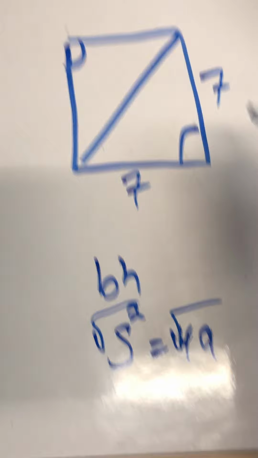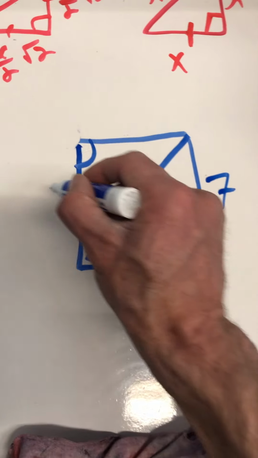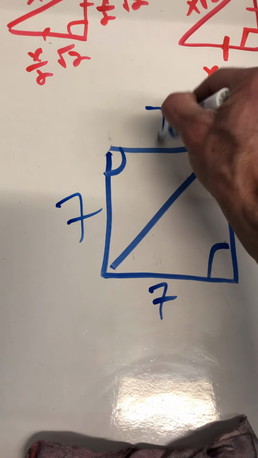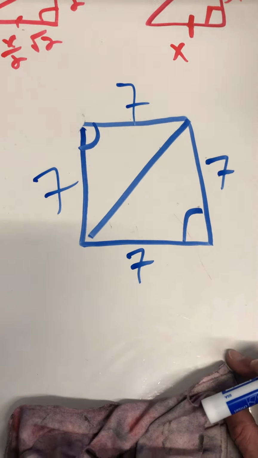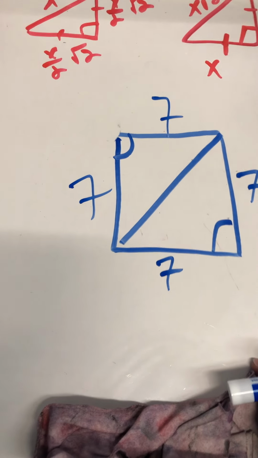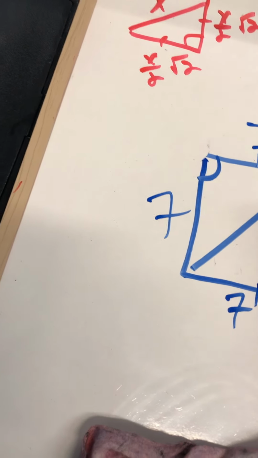Because if every single side is 7 on this square, you would know the perimeter of it, which is fine. It's 28, but that's not what it's asking. It's asking for the diagonal. Now, this is an isosceles right triangle, so I don't technically need part of this.